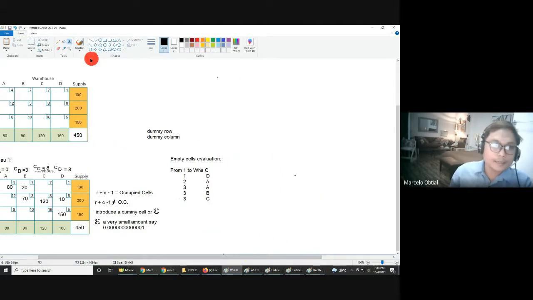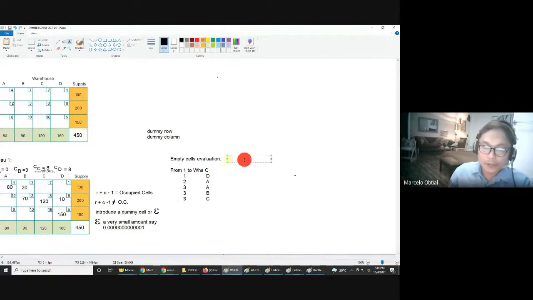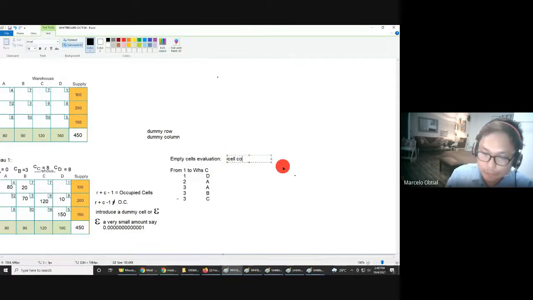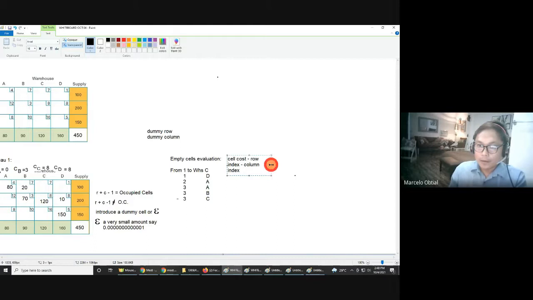Now, what's the formula? The formula is cell cost minus the row index minus the column index. Now, magbaliktad man ang column at saka row natin, no problem.